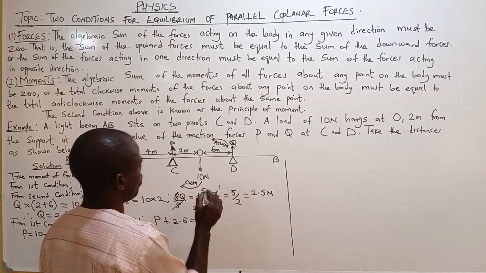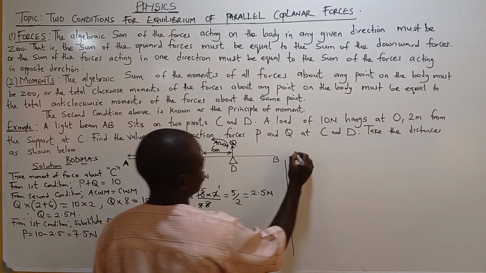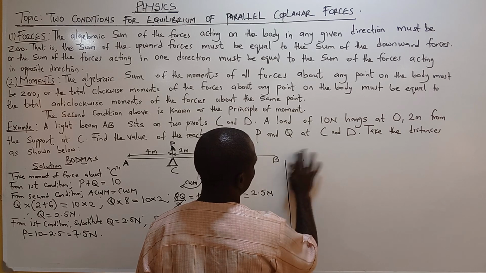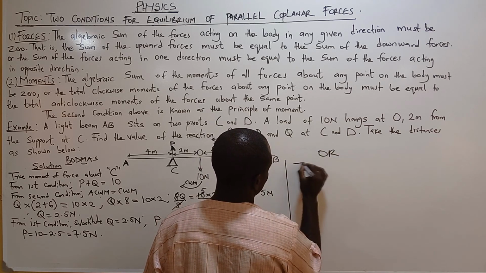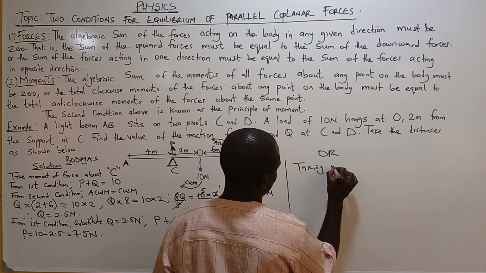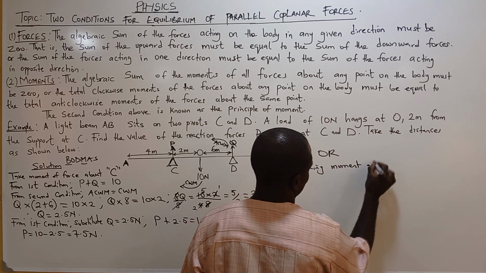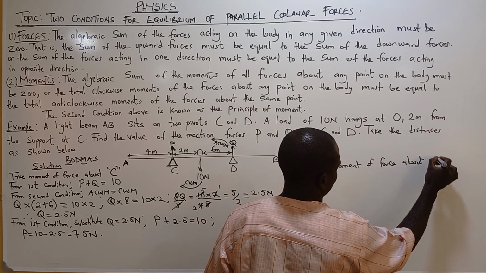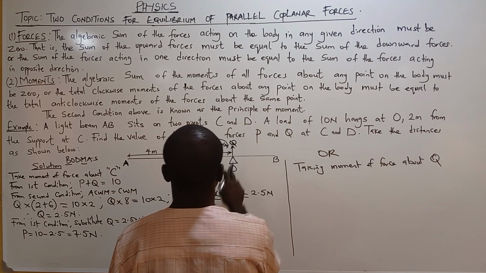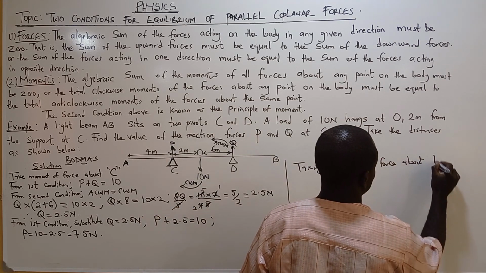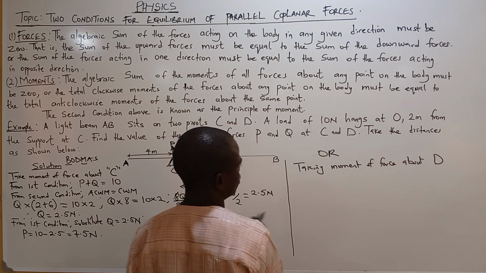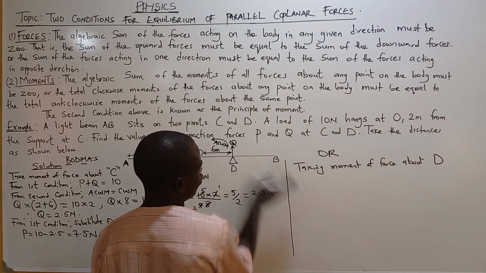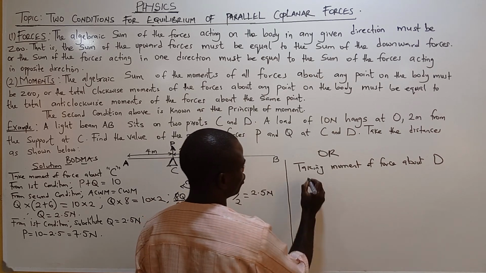Let's see what you are going to get. Taking moment of force about D as a pivot, what you need to do is still the same condition: the sum of the upward forces equals the sum of the downward forces.